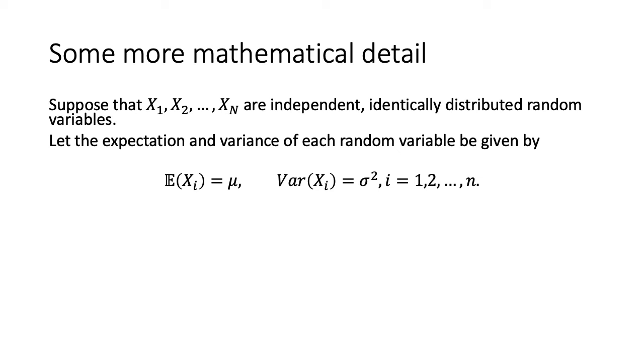Well, for random variables, we can calculate the expectation and the variance of those random variables. So I'm going to use the Greek symbol mu to represent the expectation of one of those random variables. And I'm going to use the symbol sigma squared to represent the variance of one of those random variables.